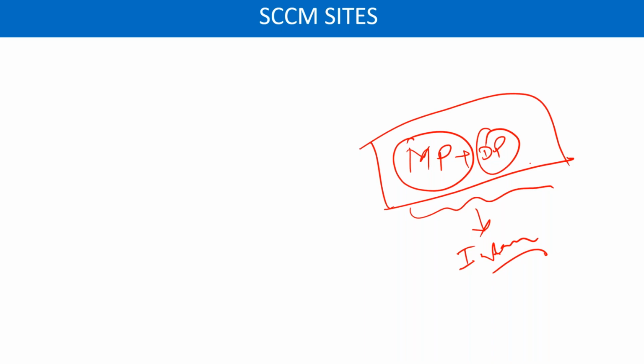They are exposed to internet to receive the incoming emails. Similarly, this server will be exposed to internet, and any computer can request the policies and download the content from this server itself.